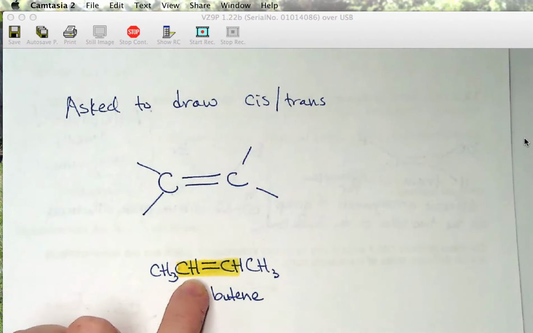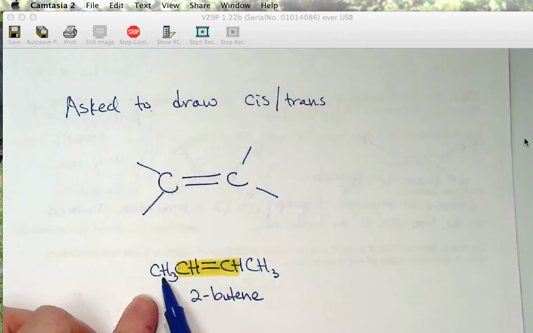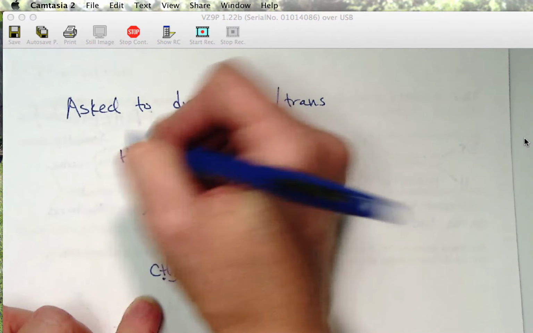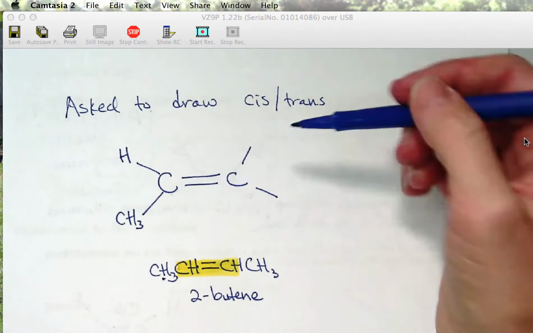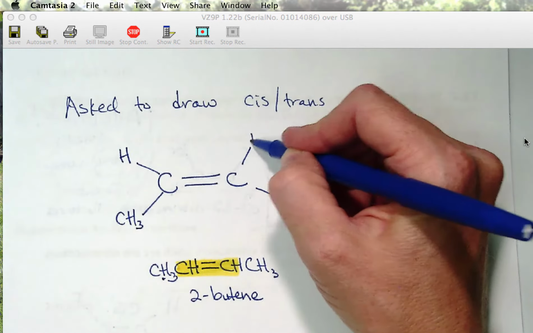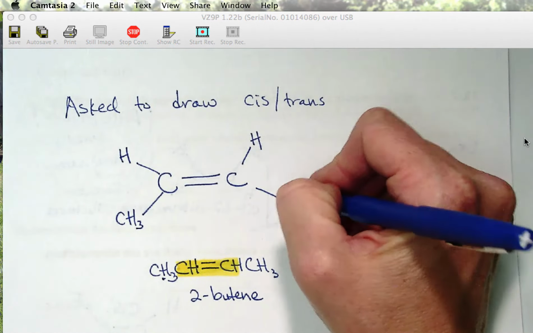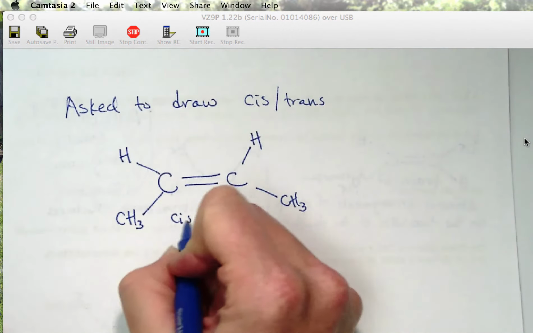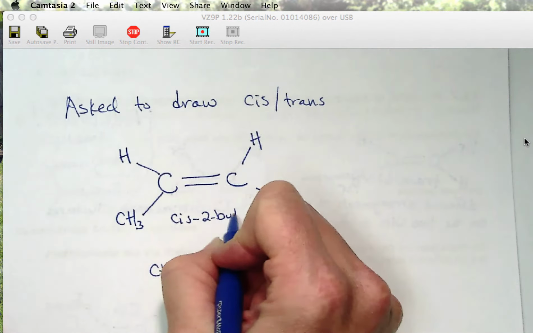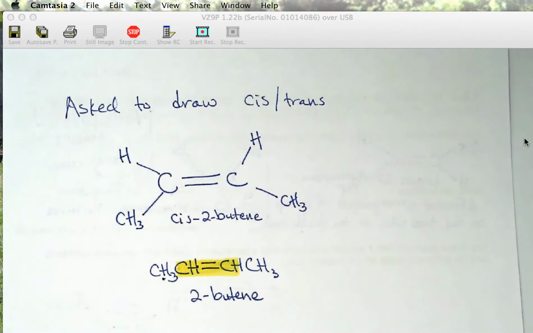There's a hydrogen and a methyl group, and then the same thing on the other carbon: hydrogen, methyl group. Which isomer have I drawn? Cis. So this would be cis-2-butene.